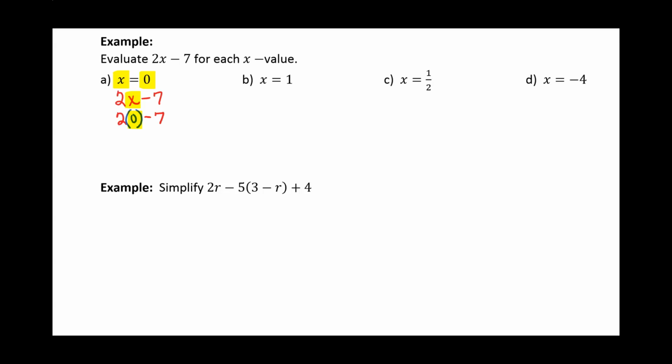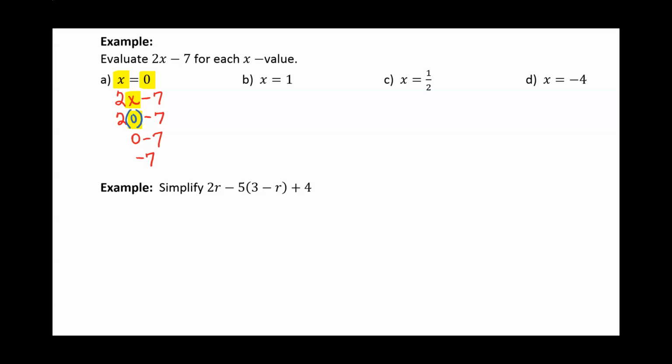So if you put 0 in the place of x, you get 2 times 0 is 0, and then minus 7, so negative 7. Again, you can probably do that in your head, and it took me 4 lines to write it. You do not need to write down nearly that much work, even on your test. If you can do that in your head, that's perfectly fine. I just want you to be able to look back at it and understand exactly what we did.